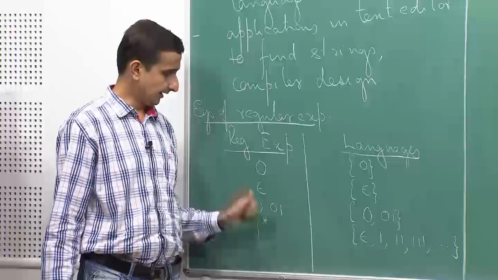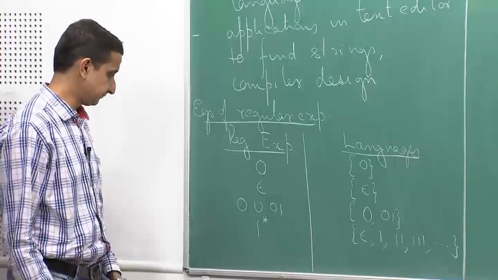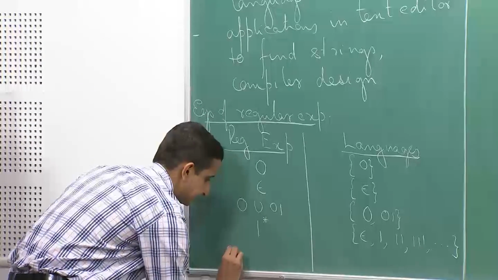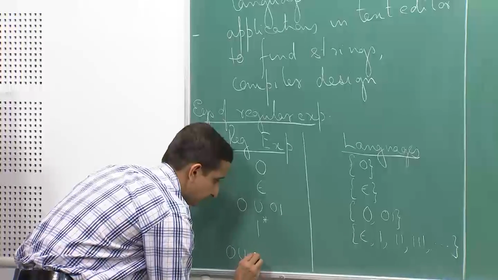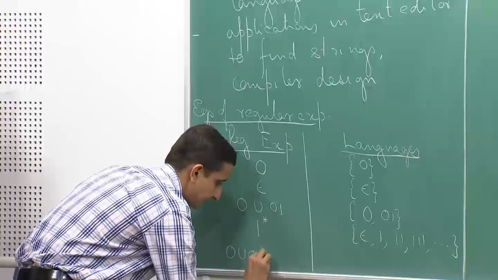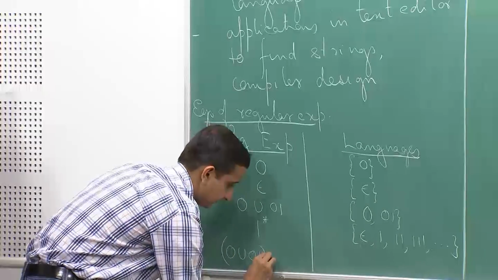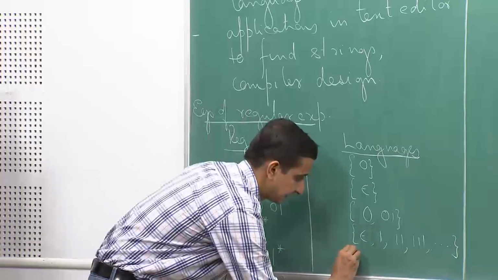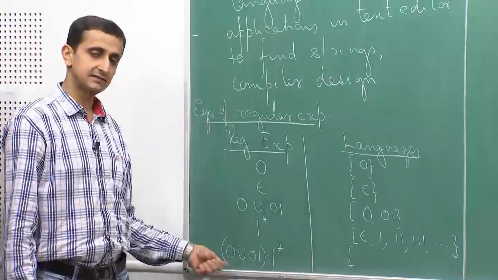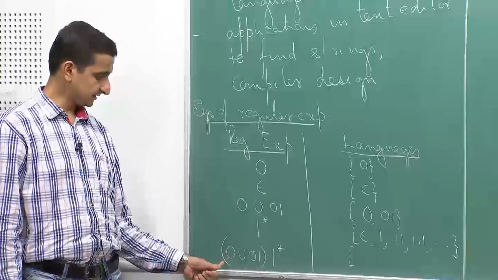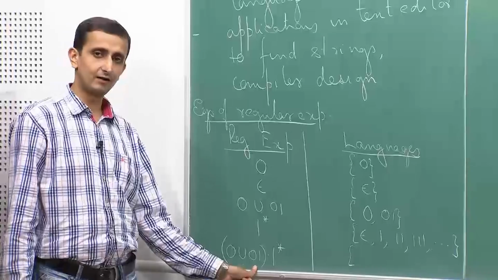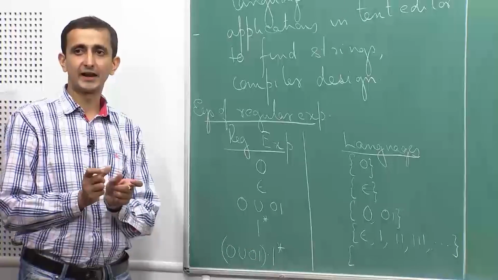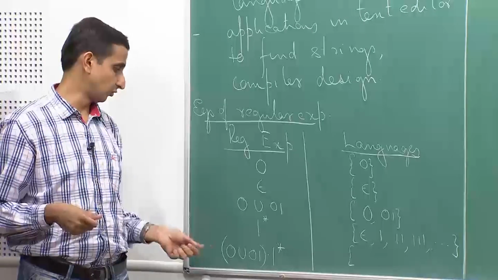Let us look at one more example. If we have a regular expression of the form, let us say, 0 union 01 concatenated with 1 star, it consists of all strings that I can form by first taking either 0 or 01 and taking a string from 1 star and concatenating them, and I just write out all those strings.